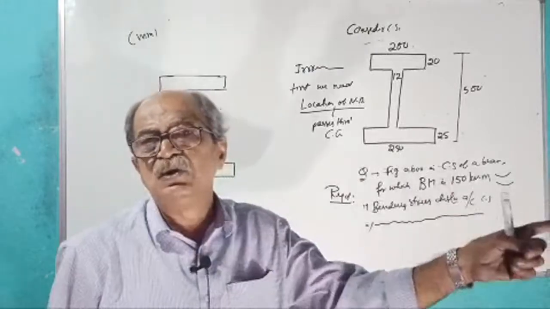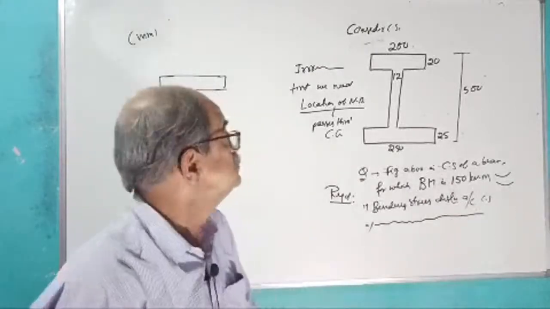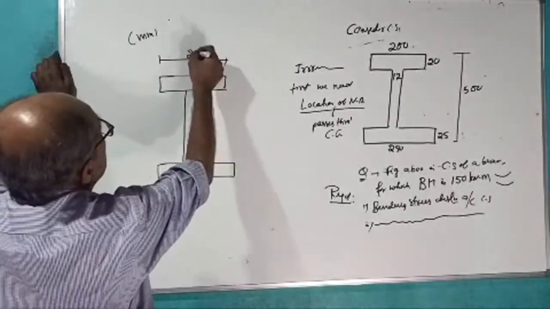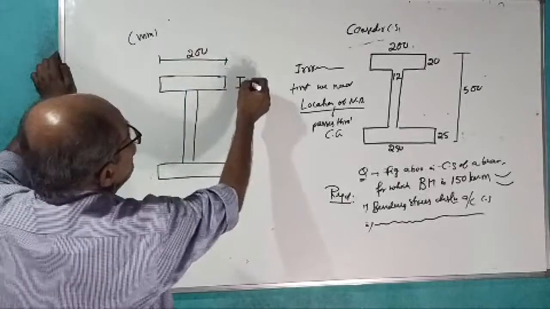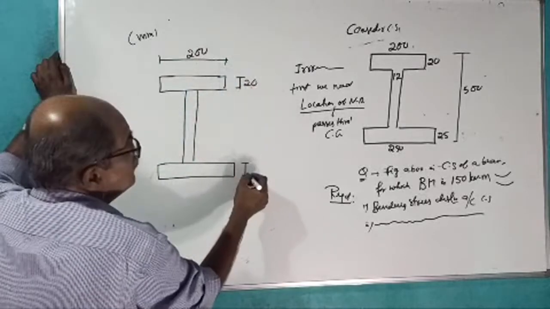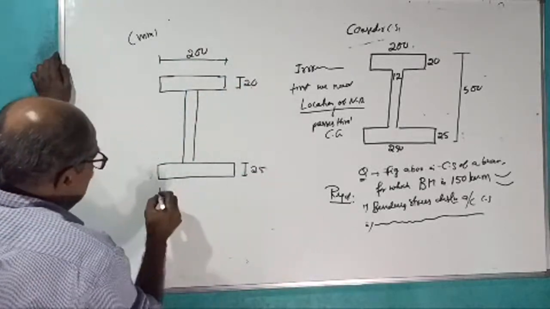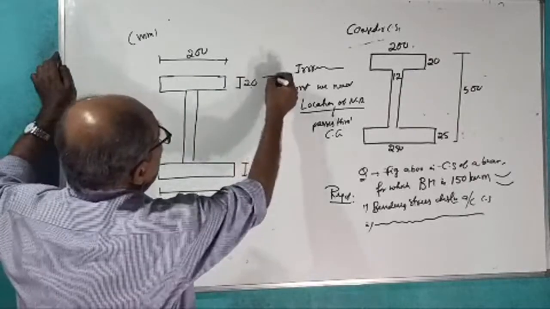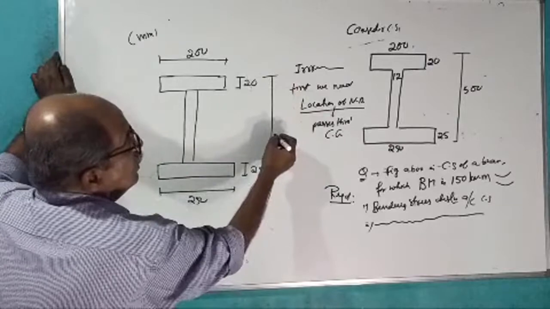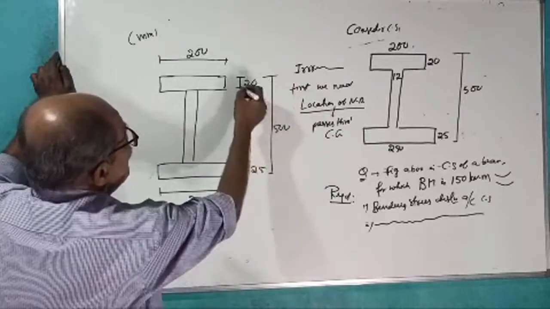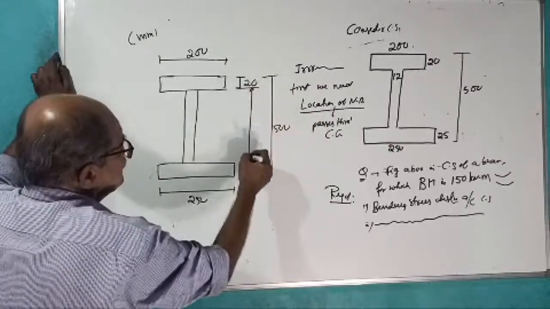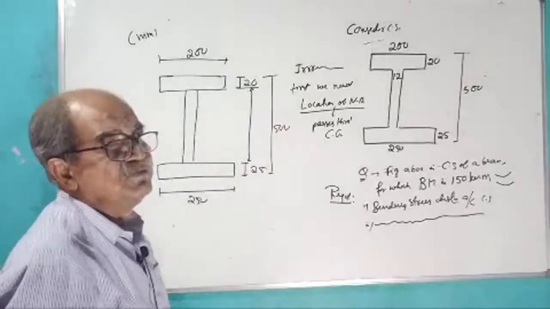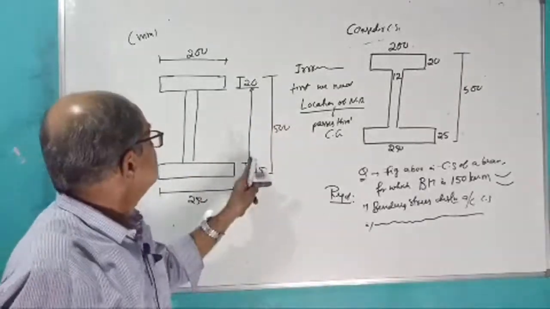If you are not knowing, learn it now. All millimeter. This is 200 millimeter. This is 20 millimeter. This is 25 millimeter. This is 250 millimeter. Full depth is 500 millimeter. Anybody can tell me what is this depth first?